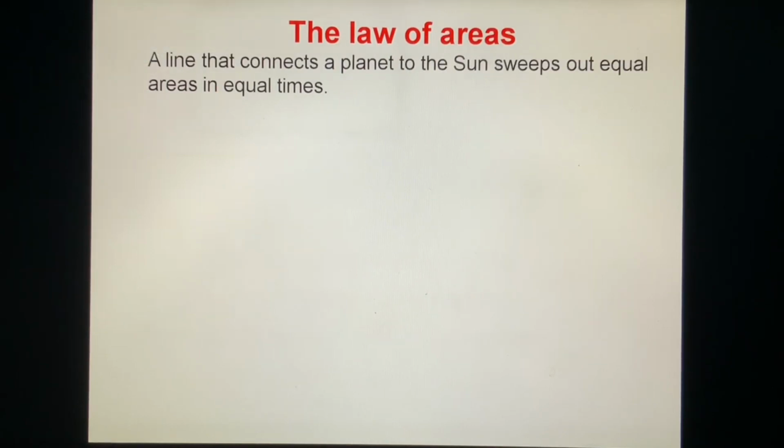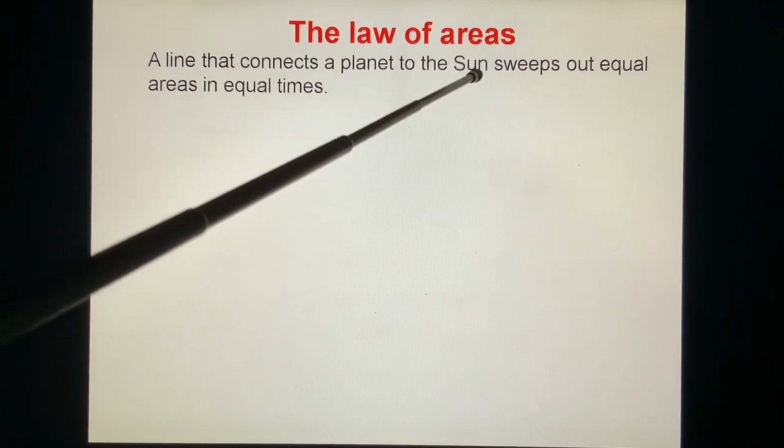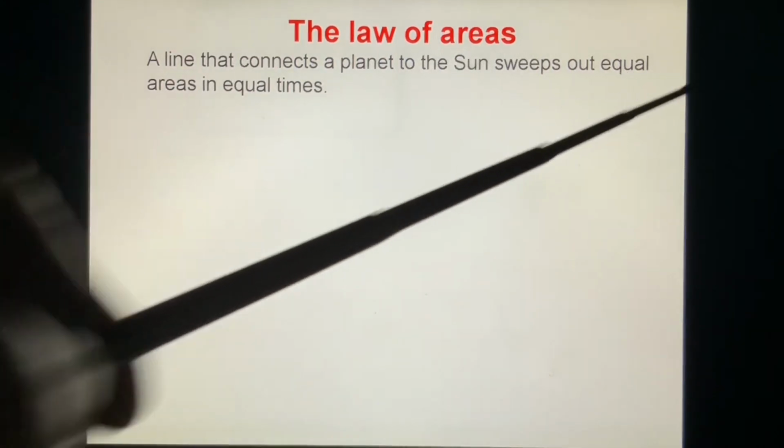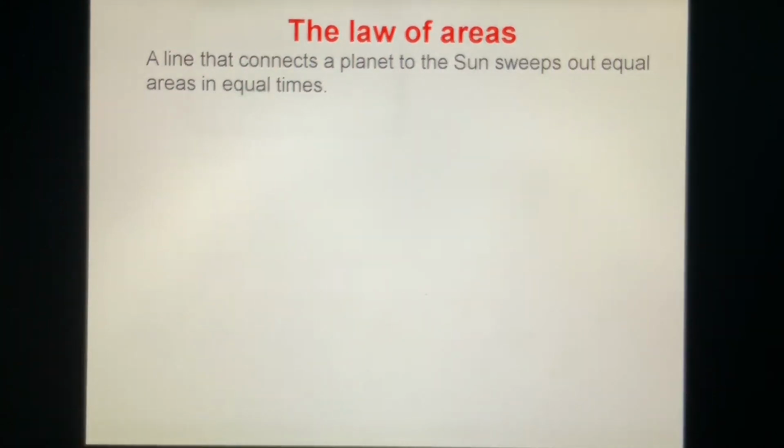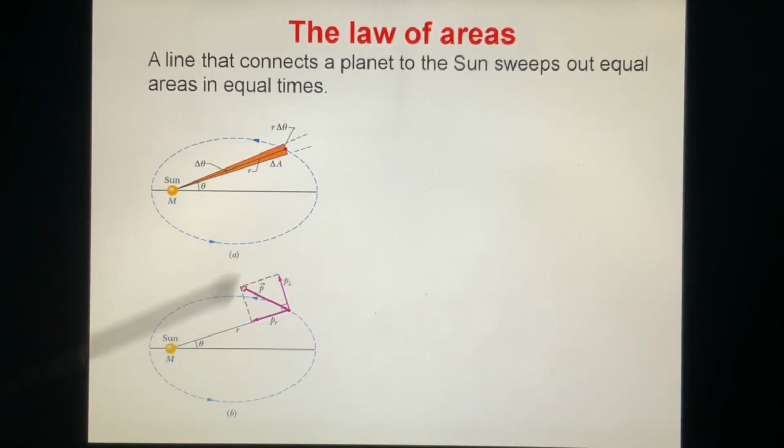Law of areas. A line that connects a planet to the sun sweeps out equal area in equal time. Now let's check it.